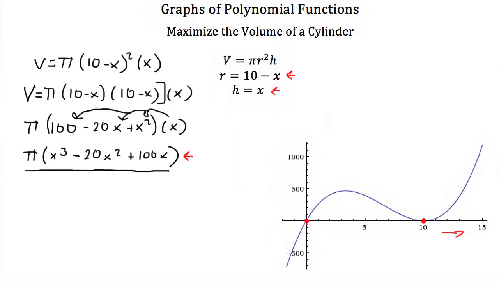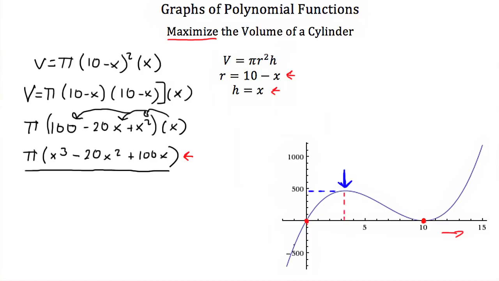But we want to find out the maximum volume of the cylinder. So what we do is we try to find a local maximum between those 2 points, which would be right about here. Now if we draw a line over to our y value from that local maximum, it'll look something like this. And then if we drew a point downward from that local maximum, it would look something like this.